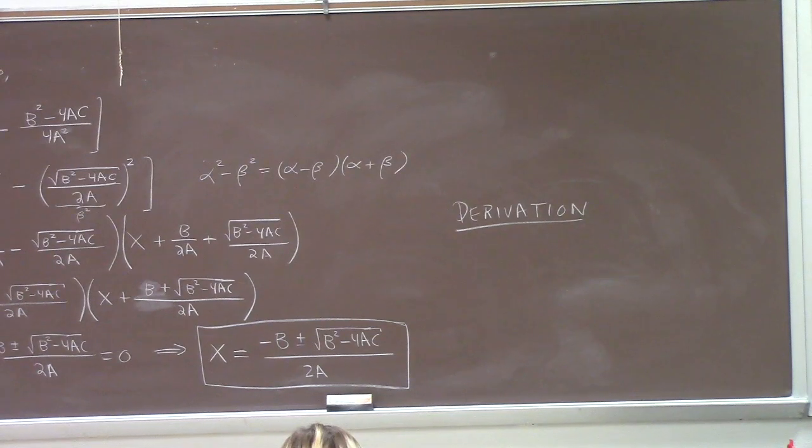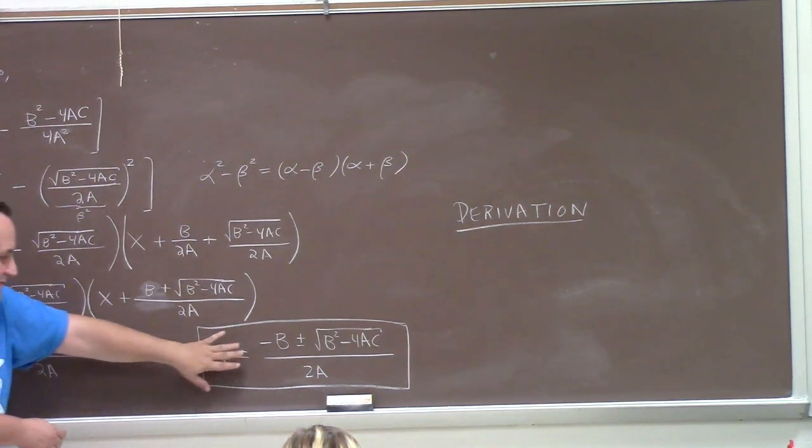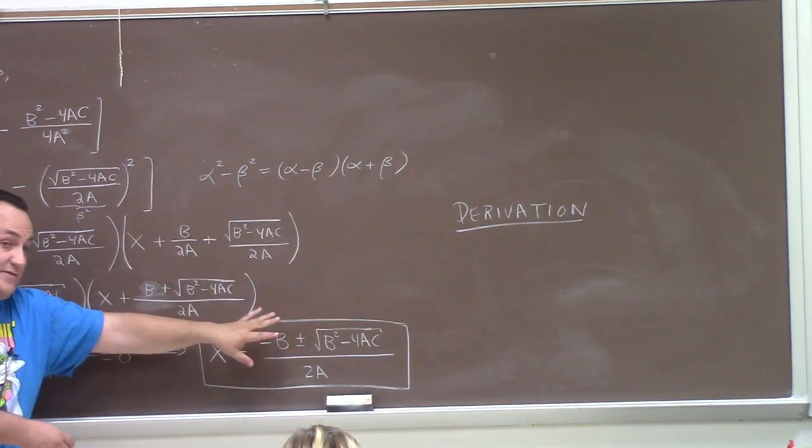Wait. Hold on a second here. Listen. The point of this is that this quadratic formula is at the very end of the course, like chapter 7 has homework on this.